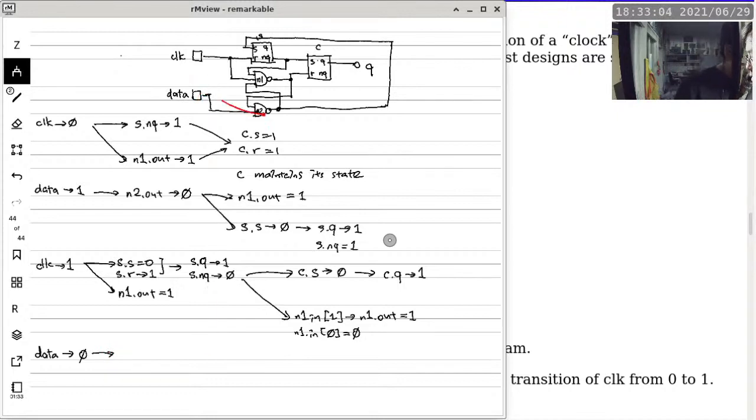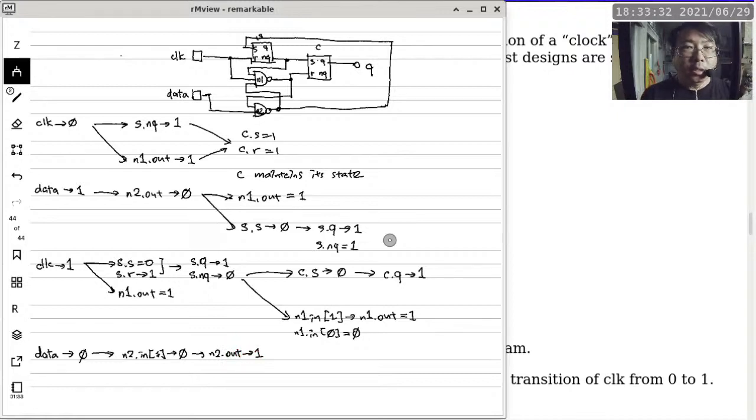So let's go ahead and see what it's going to do here. The data pin is going to N2. So this is directly changing N2.in[1]. The second input is becoming a 0, and that in return is going to change the output of N2 from a 0, which is from all the way from here, to a 1. So that's going to change N2.out to a 1.